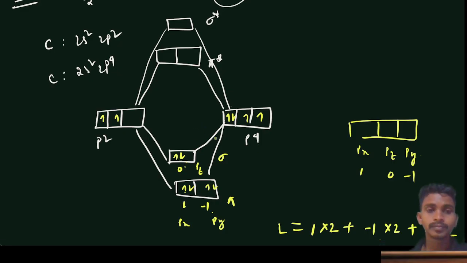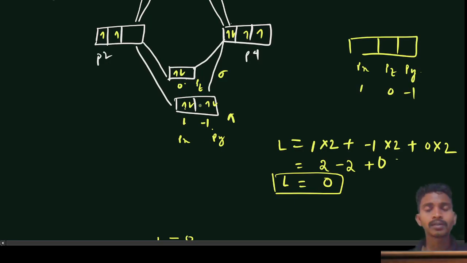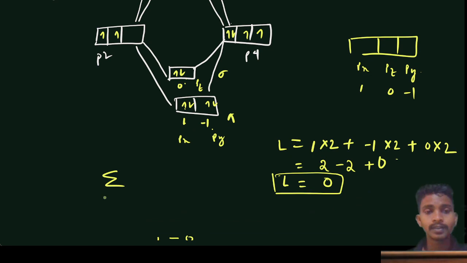So if we look here, L is 0, so 0 means this value. Now this is G U U G, we know that G, sigma star, pi star.